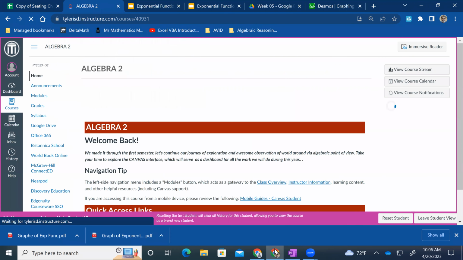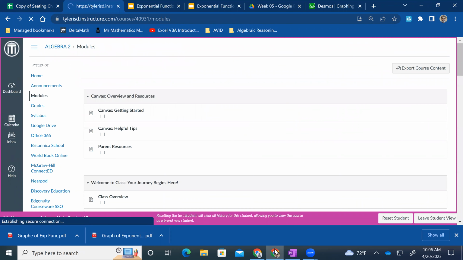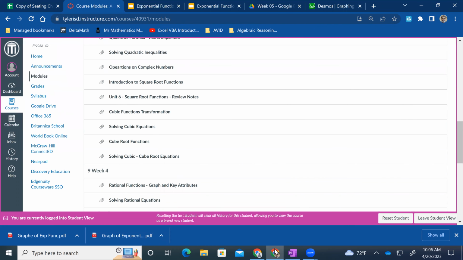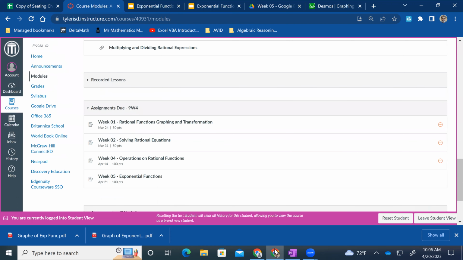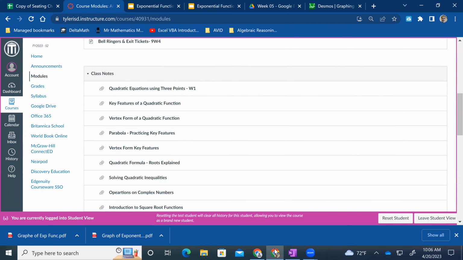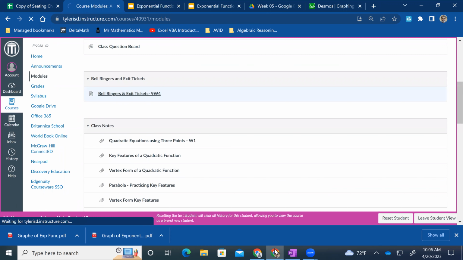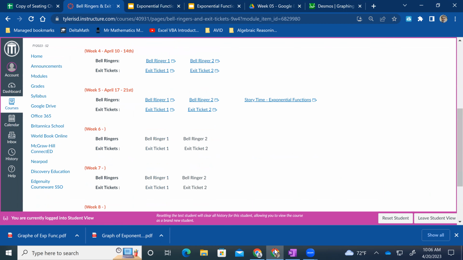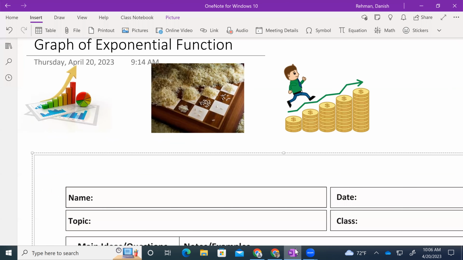If you go to modules, in the bell ringers page, this is the link for story time exponential functions. This is the link for the presentation, the Google Slides. Watch it and then move back to the lesson.